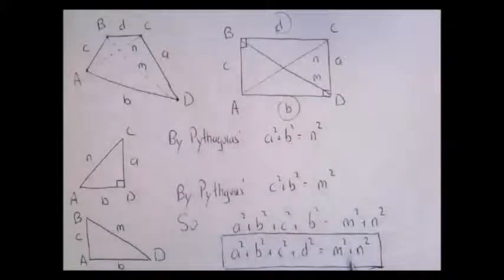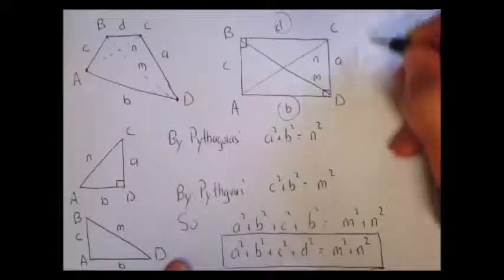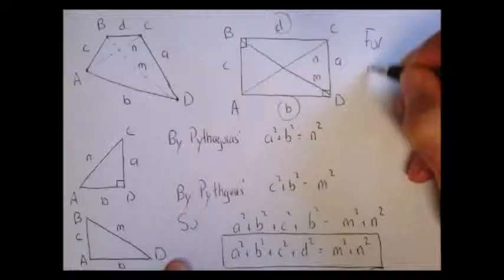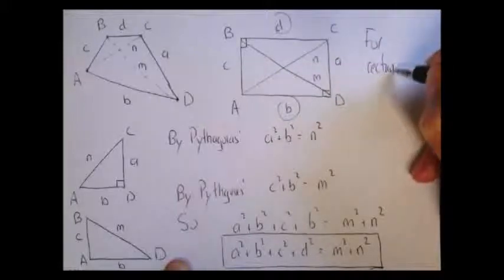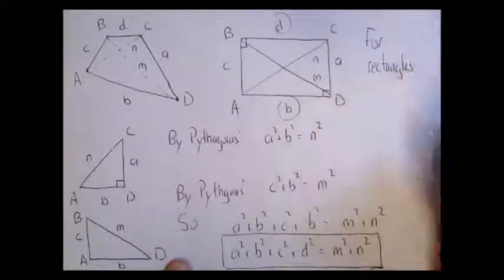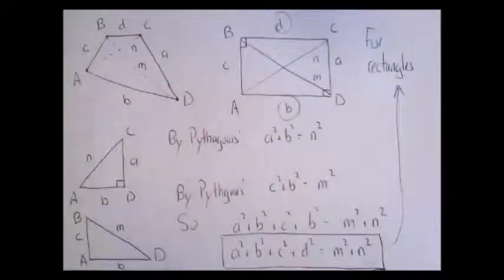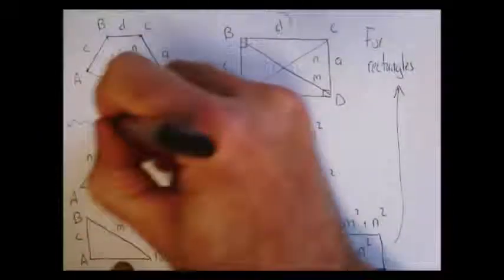The sum of the squares of the diagonals is the sum of the squares of each side. And so that's true for rectangles.